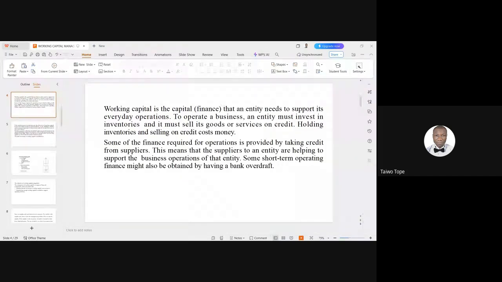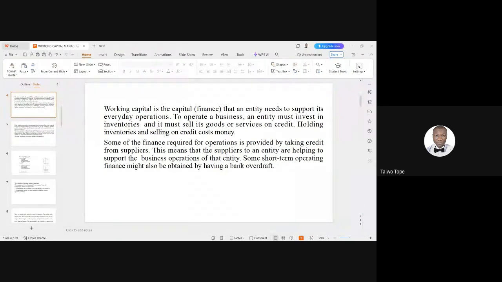So the point is this: what organizations usually do is establish policies and guidelines on how they can effectively manage working capital. So the policy of managing working capital is to see that current assets such as cash and cash equivalents, inventories and receivables, and short-term financing are maintained, to see that there is adequate inflow and outflow that will be generally acceptable and favorable to the day-to-day running of the business.